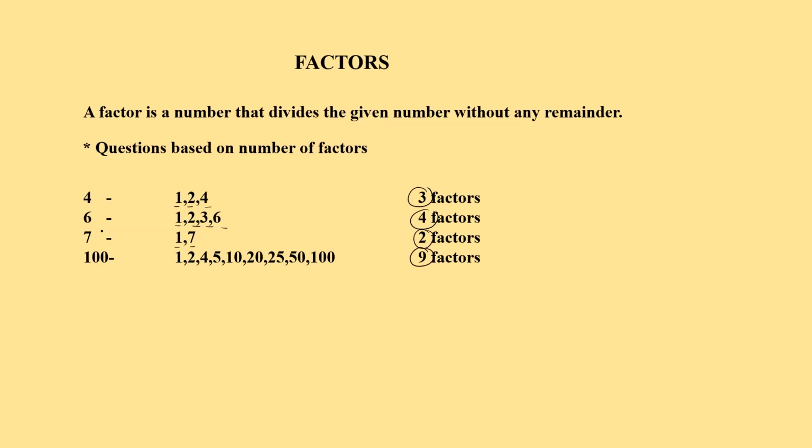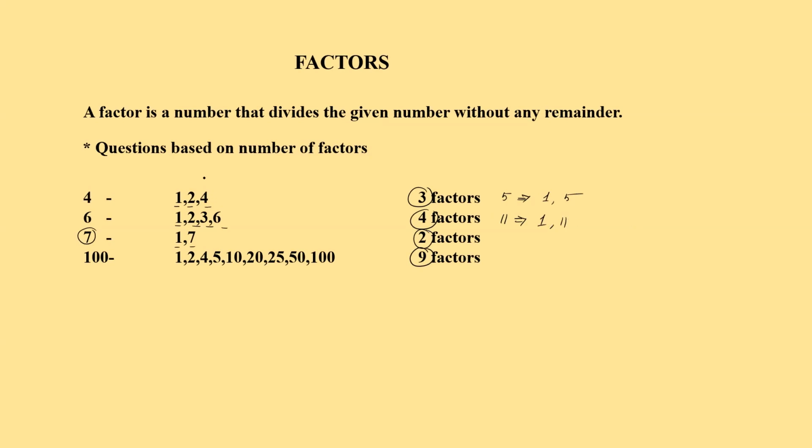Now from here, one more thing that you can see is, look at numbers like 7 which are prime numbers. Let's take another prime number. The factors of 5 are going to be 1 and 5. Now let's take 11. The factors are going to be 1 and 11. So if you take any prime number, you will have only 2 distinct factors, that is 1 and the number itself.